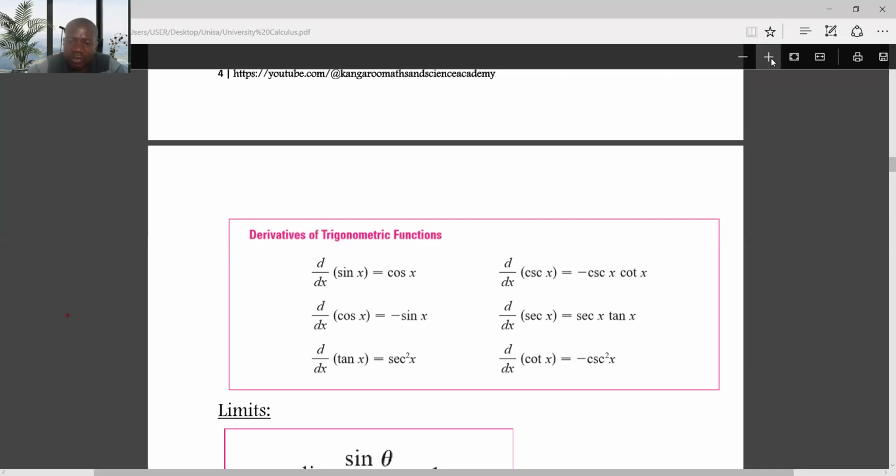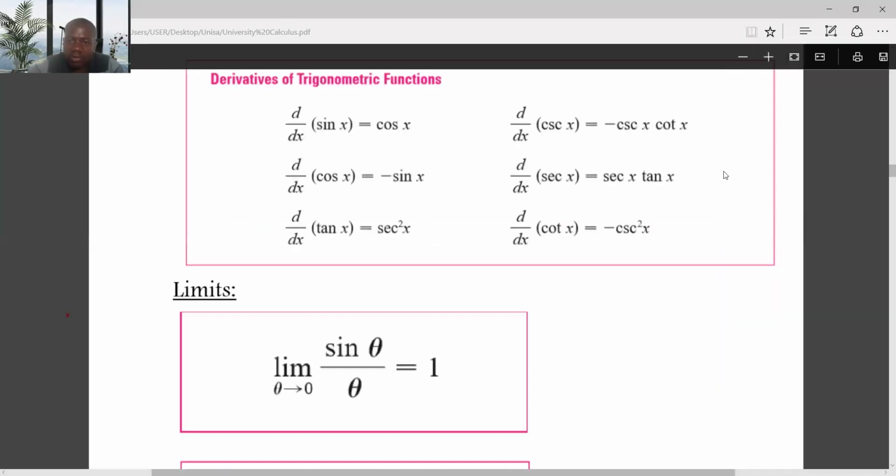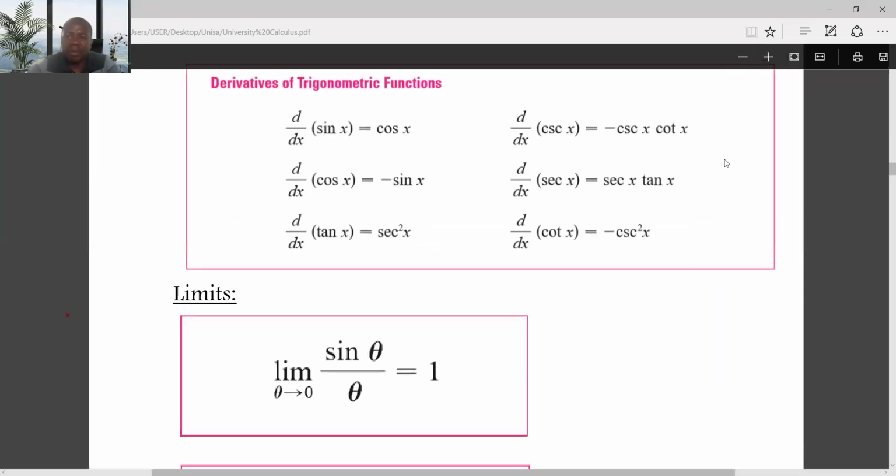So we are now going to use this to solve problems. We have seen that the derivative of sine is cos by using first principles together with the limits. Then the derivative of cos is negative sine. The derivative of tan is sec squared x by using the quotient rule.